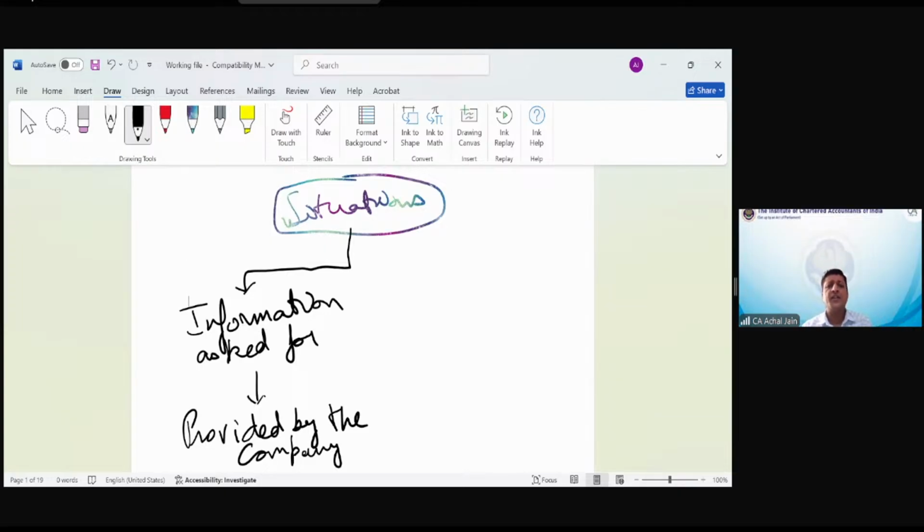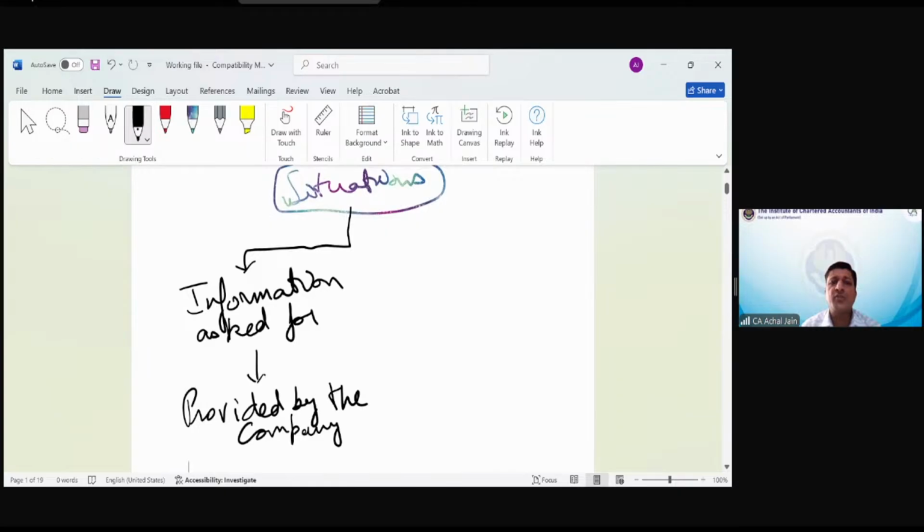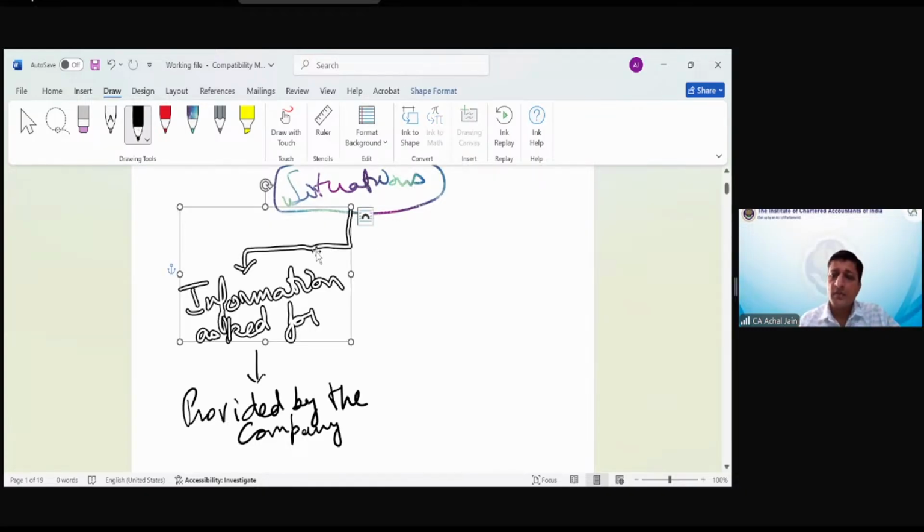So it's a positive situation. If you look at this situation, one may say it is something which reflects positively on the part of the company. Yes or no?